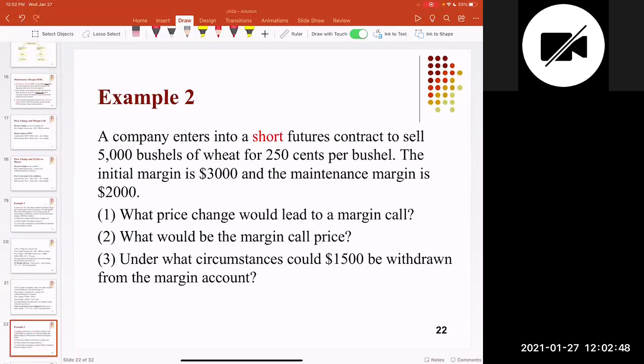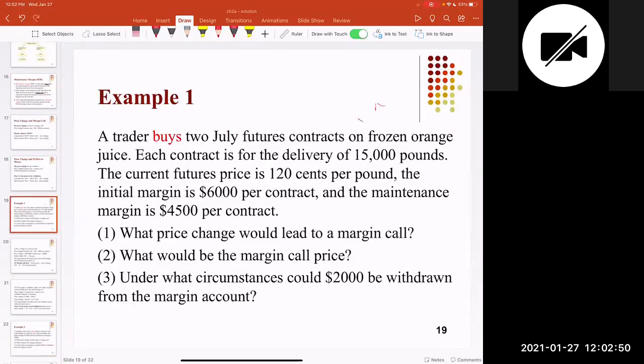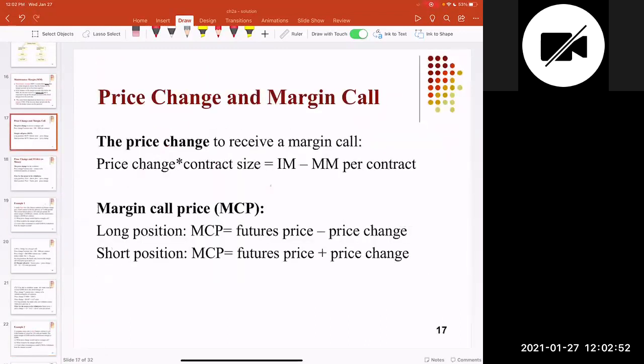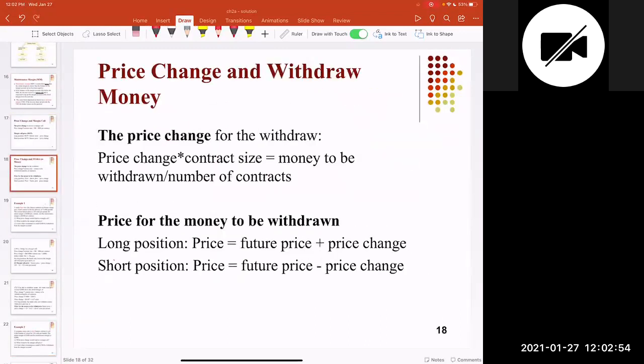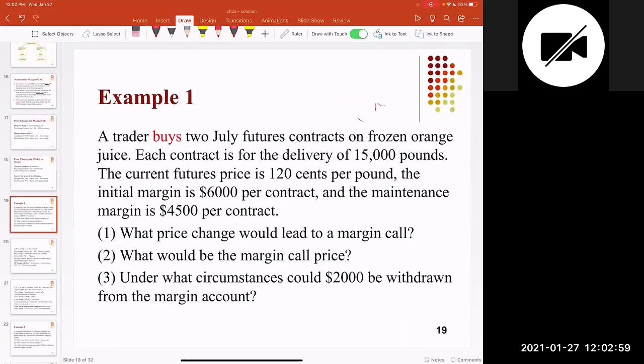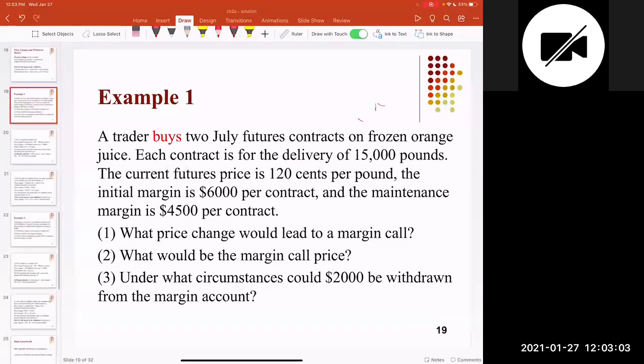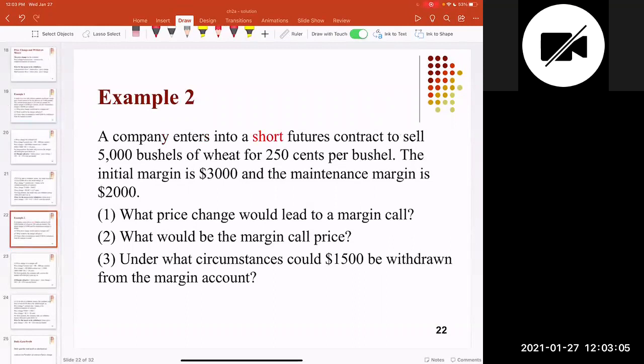Also we did example 1 to look at the price change for margin call and the price change for withdrawing money. Example 1 basically is a long position, so example 2 is a short position. So let's continue.